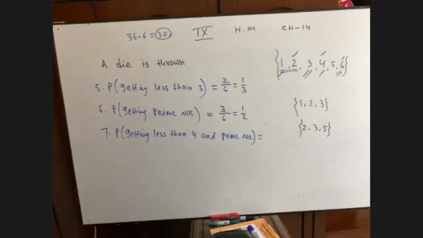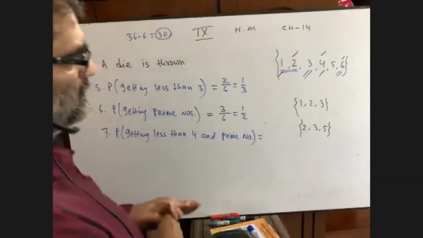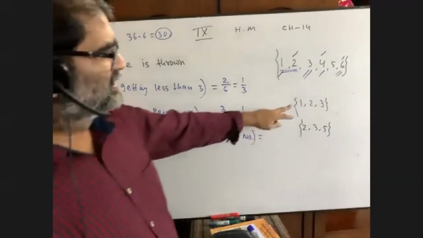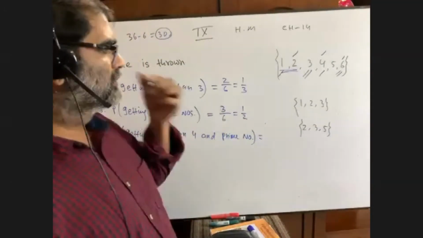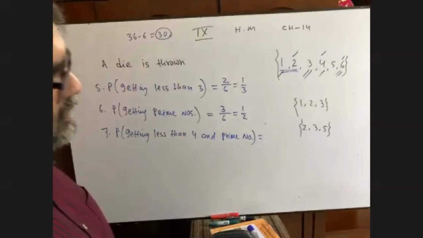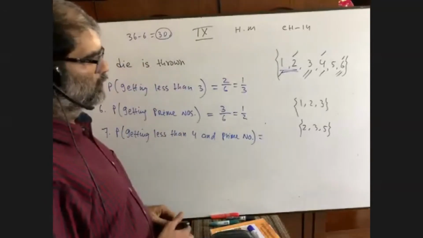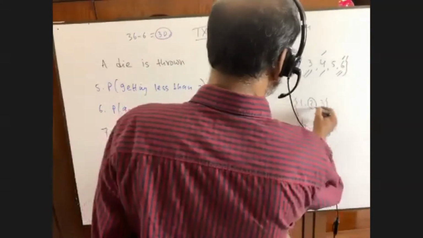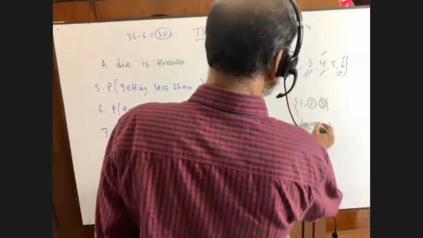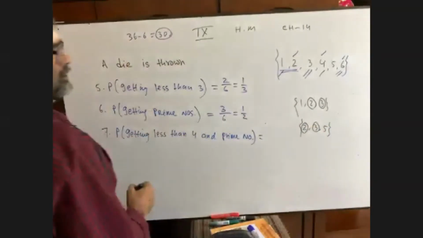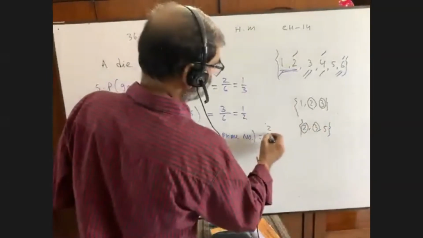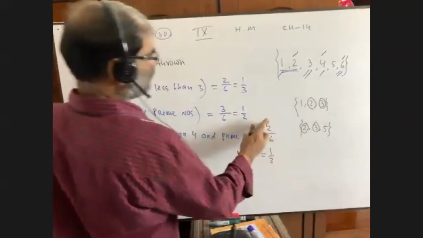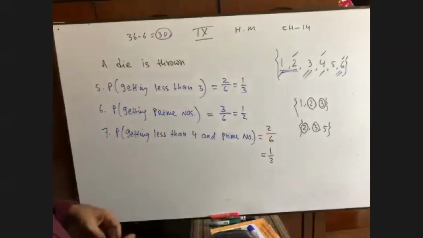But we are getting the common. What are the commons here? 2 and 3. 2 and 3 equals to what? 2 by 6, that is 1 by 3.